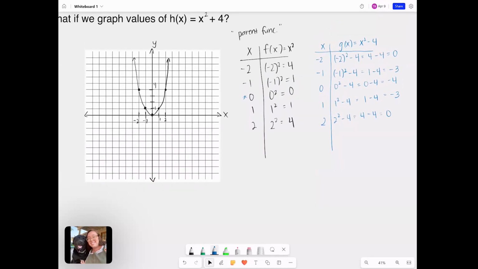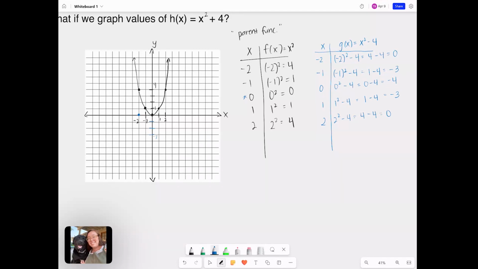So this point, -2, 0, sits here. You can already see we've dropped down from the previous graph. Hopefully you can see that well enough. -1, -3. Well, I don't have that labeled yet. So 1, oops, 1, 2, 3.